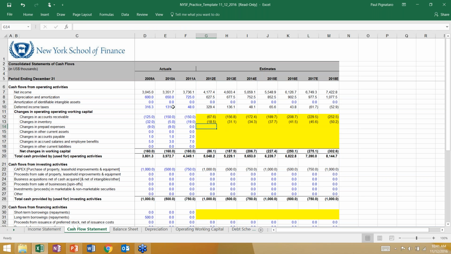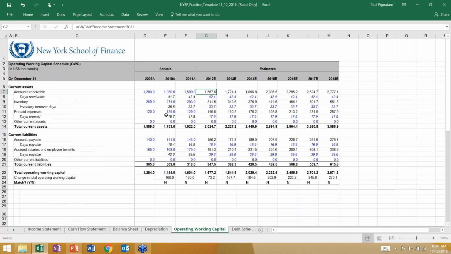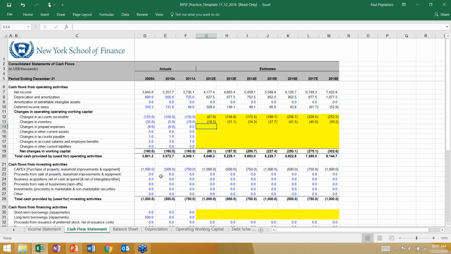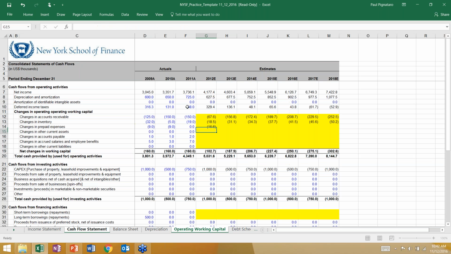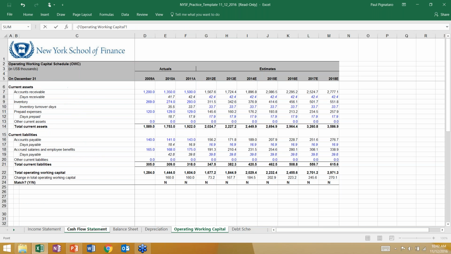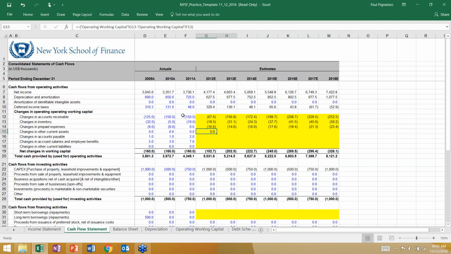But okay, you actually know that matches because obviously there's no change here. I just don't remember that happening. So it's negative, open parentheses, 2012 minus 2011, copied to the right. Change in other current assets, even though it's 0, just for practice. Negative, 2012 minus 2011.